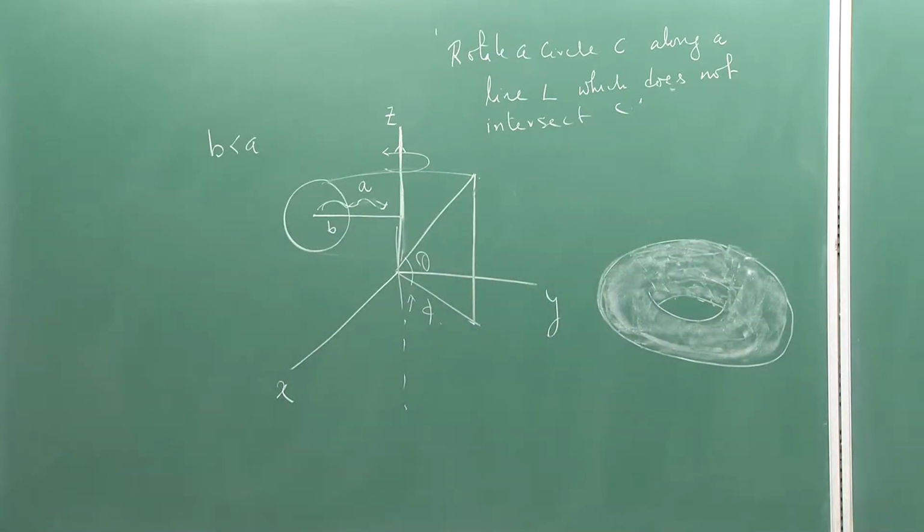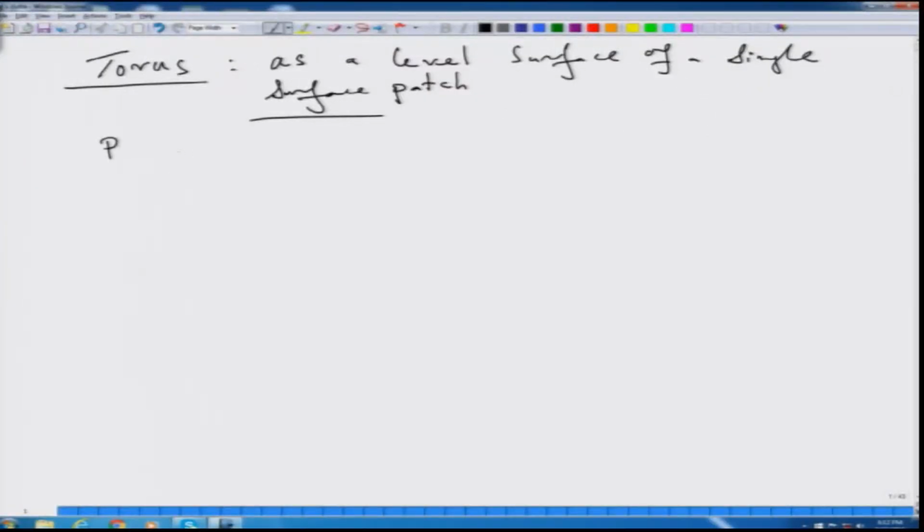Then any typical point P on C, the circle where we start, looks like a plus b cos theta. We are in the xz plane, the y coordinate is 0, b sin theta.